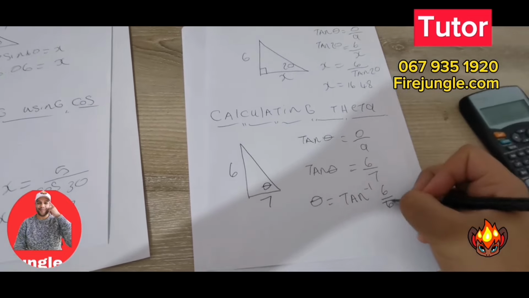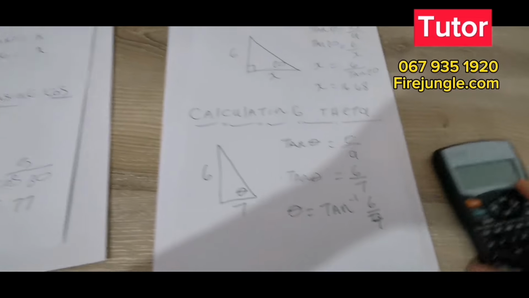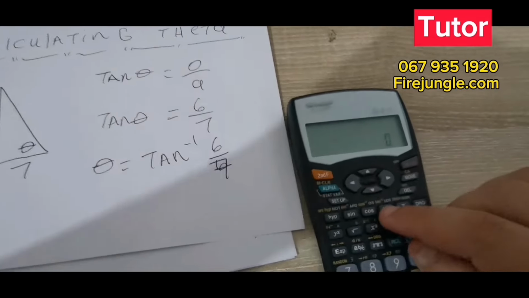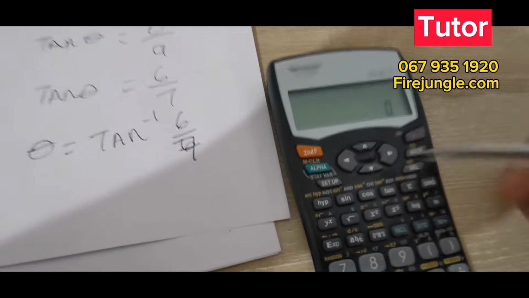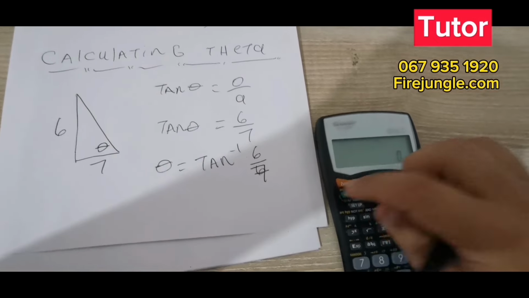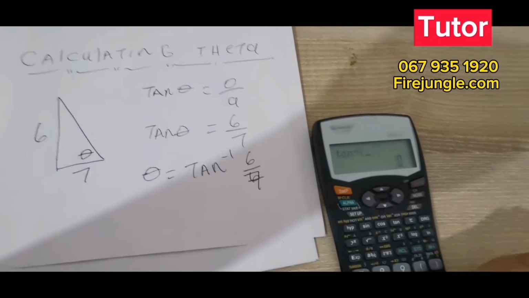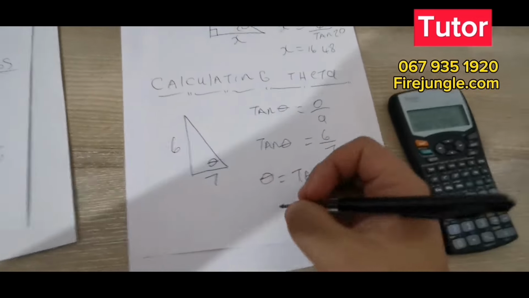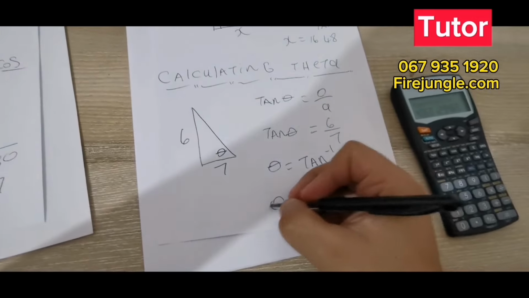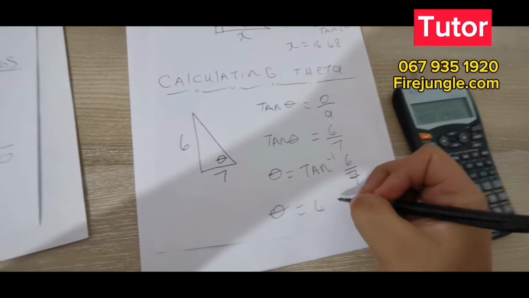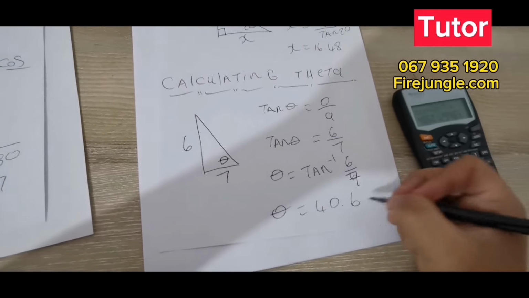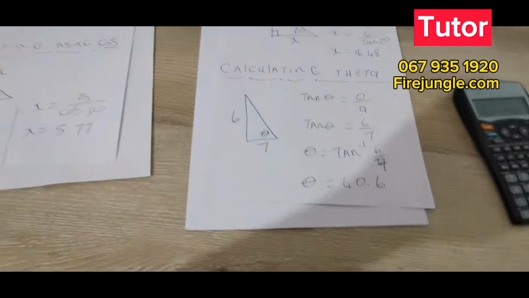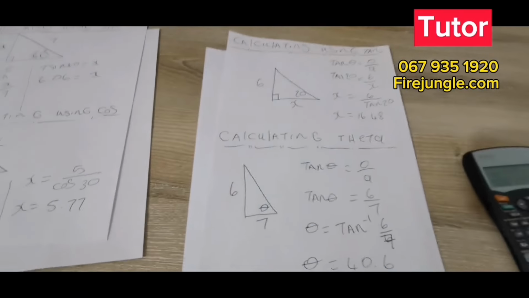It looks like this on your calculator, it's that button over there. So we can say the inverse tan of 6 divided by 7, and theta, this angle inside, is equal to 40.6. So that is how we go about calculating trigonometric equations.